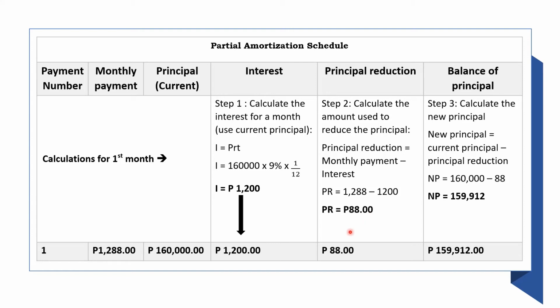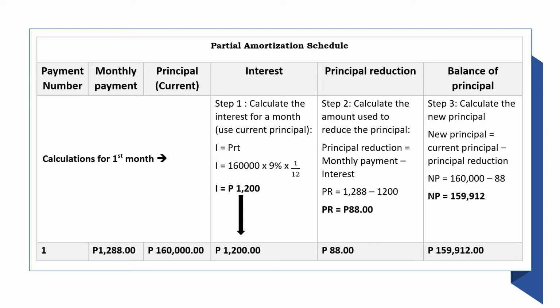The principal reduction is 88 pesos. This is the only amount that can be deducted from our principal. So the new principal for the next payment will be 159,912 pesos, computed using this formula: new principal is equal to current principal less principal reduction.